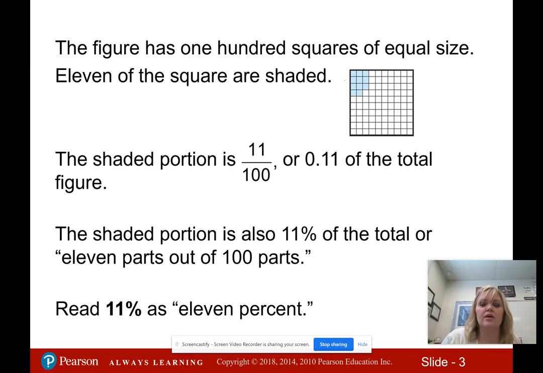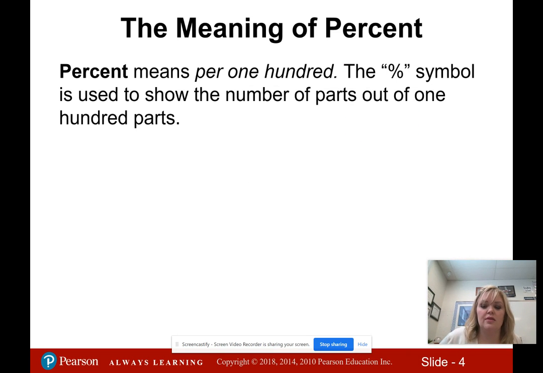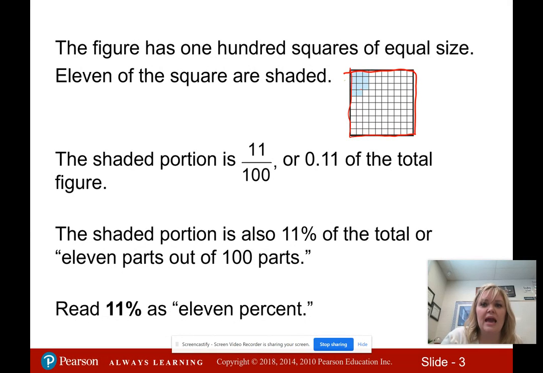If we had a square here that had 100 little squares, and I had 11 of these that were shaded, then the shaded portion would be described as 11 out of 100. So that's what it is as a fraction: 11 parts out of 100 parts are shaded.